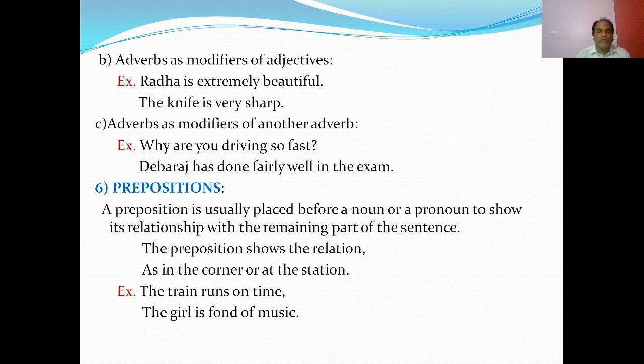Fond of music, you see, of preposition is used before the noun music, and it makes the relationship between the adjective and the noun. Okay, so of, on are the examples of prepositions.